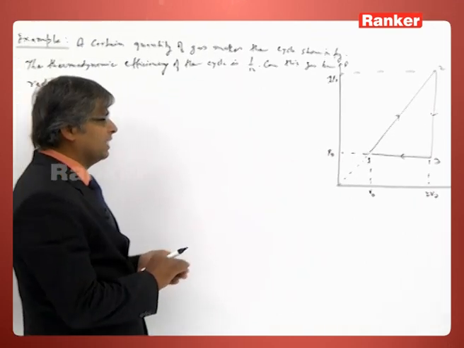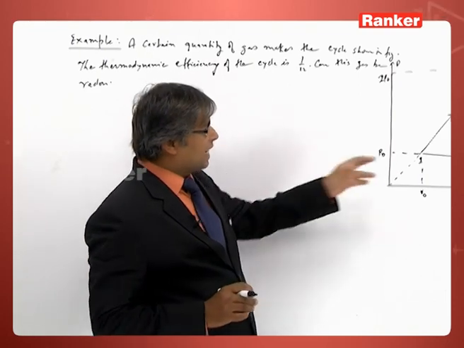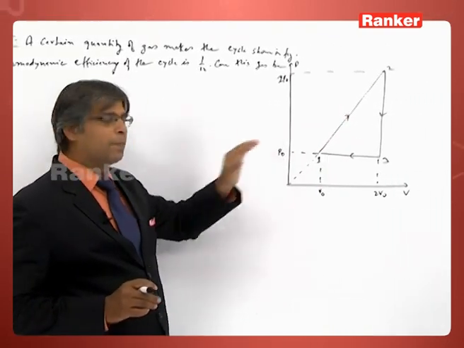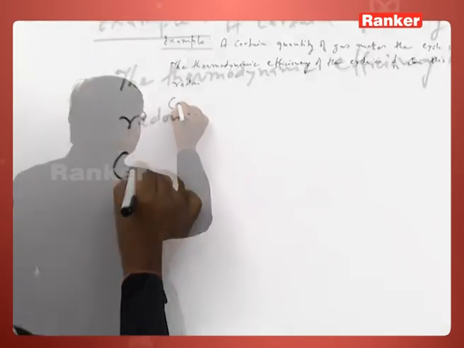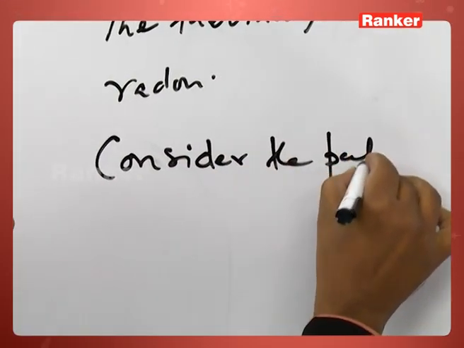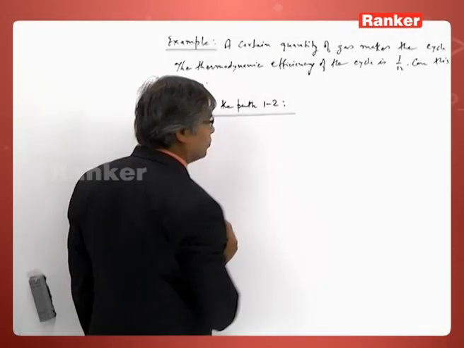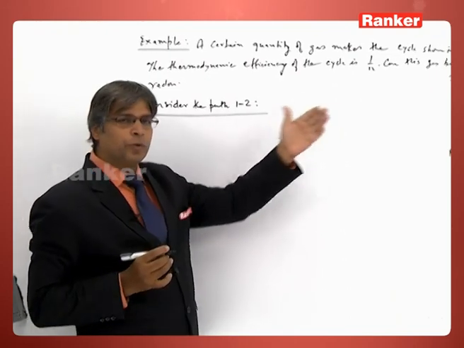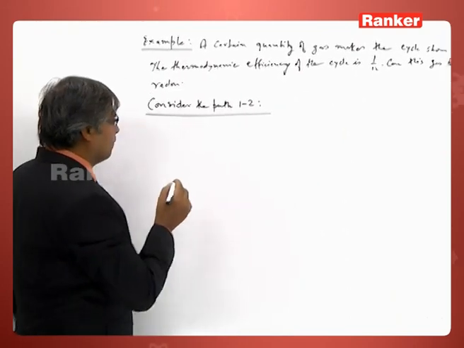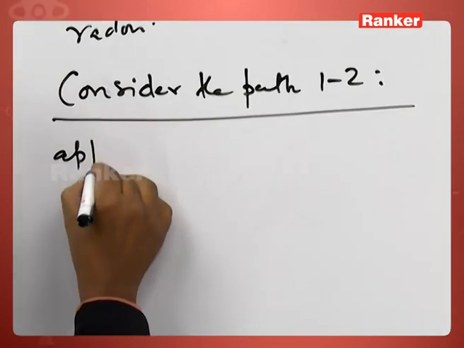When efficiency is given, that means we have to analyze each and every sub process. So consider the path 1 to 2. So this is our path 1 to 2. Now during the 1 to 2 path, let us apply the first law.